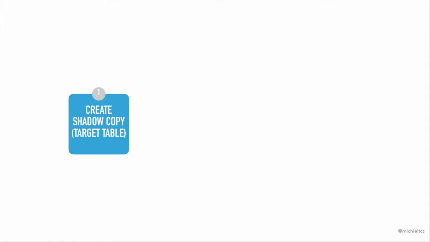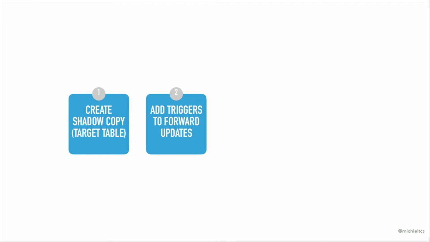They create a shadow copy of a table. So you have a table that contains a column that you want to drop, and what they first do is create a shadow copy, or the target table, that is in the new structure, the intended structure, right?